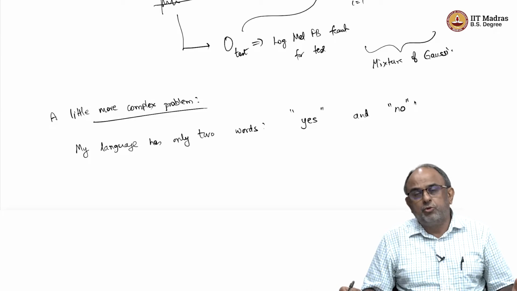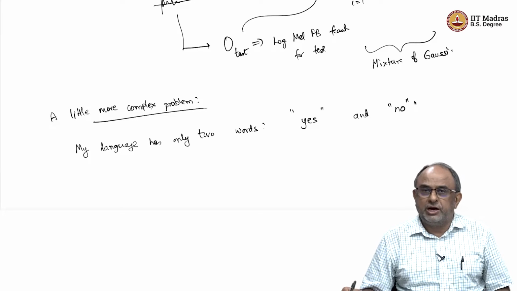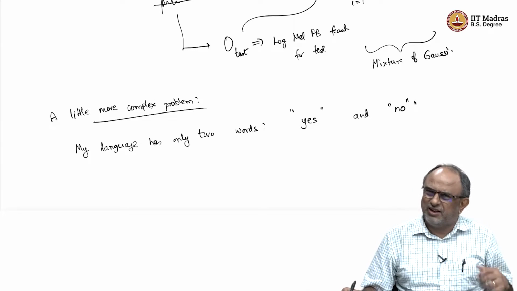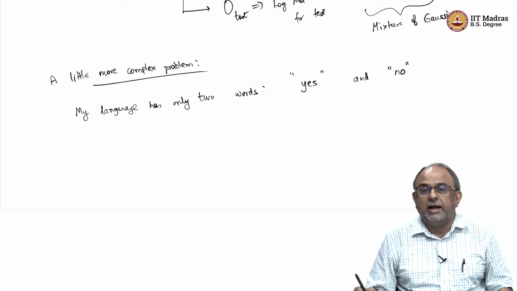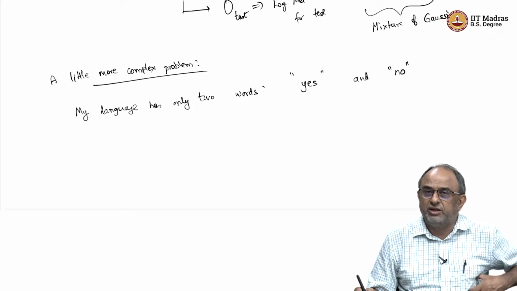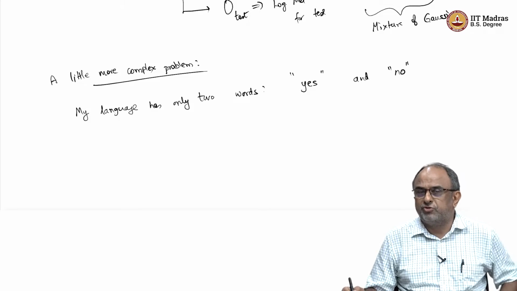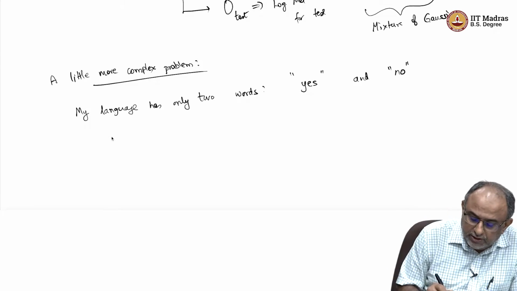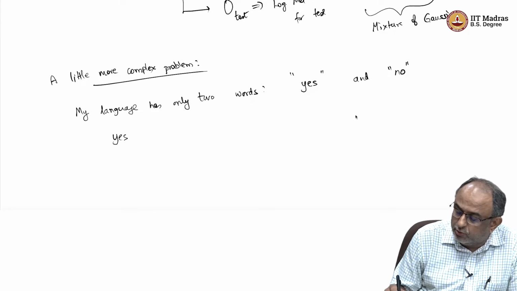Okay. So now, again, what will I do? I will look at the same idea, right? I'll ask thousands of people to say yes and thousands of people to say no. So now, yes is there and no is there.